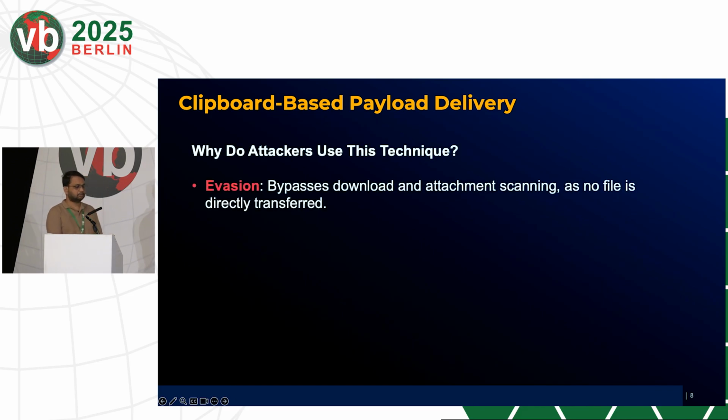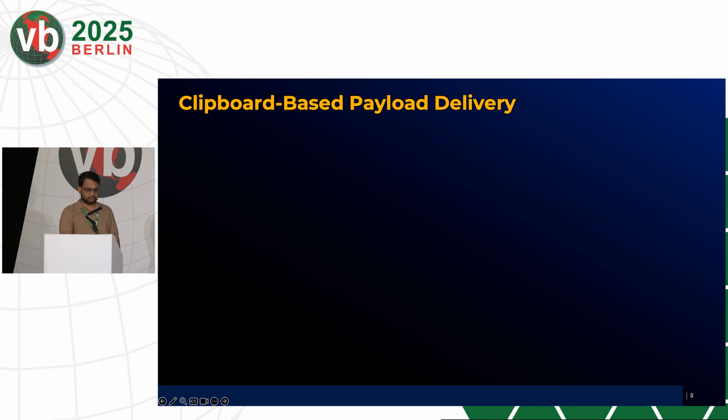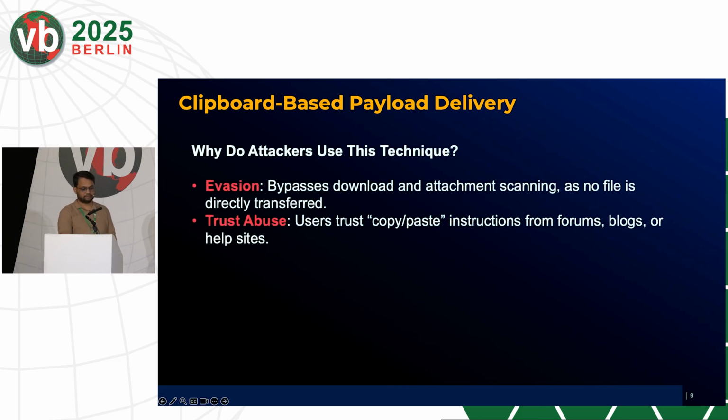So why does the attacker use this technique? First is evasion. By using this technique, they can bypass download and attachment scanning, as there is no file directly transferred. The next is trust abuse. They gain trust using the copy-paste command and instructions from forums.